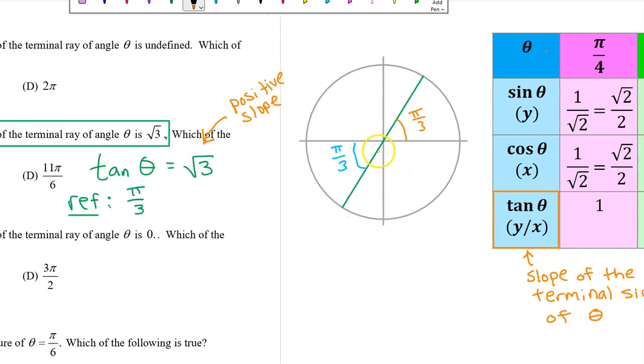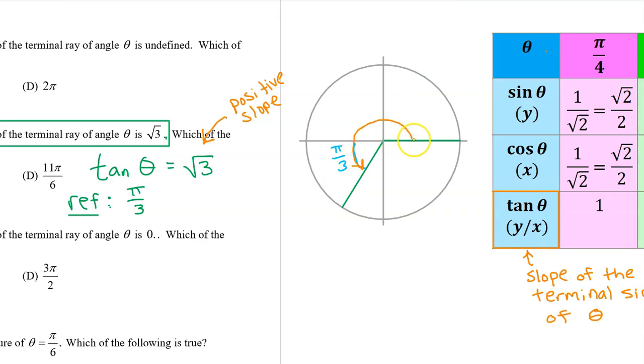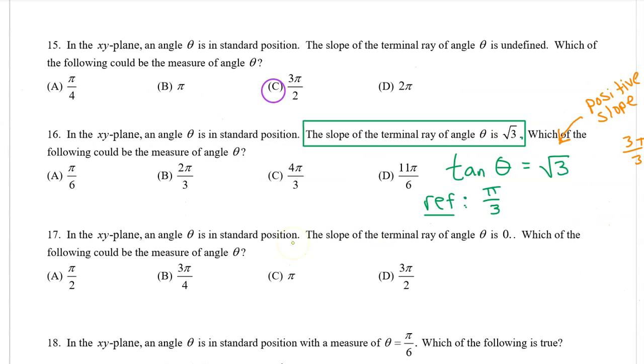What do we call the angle that starts at 0 and then goes all the way around to here? Well, remember, pi is right here, and we can think of pi as 3 pi over 3. So this angle is pi over 3 more than 3 pi over 3. That makes this angle 4 pi over 3. That's why the answer is C.